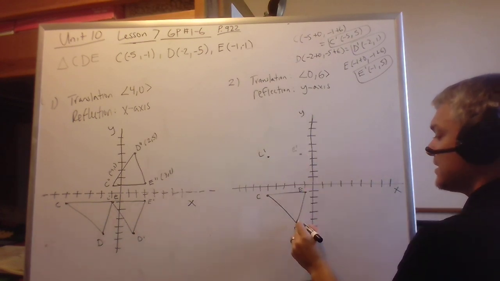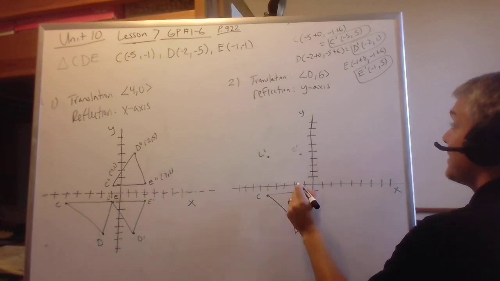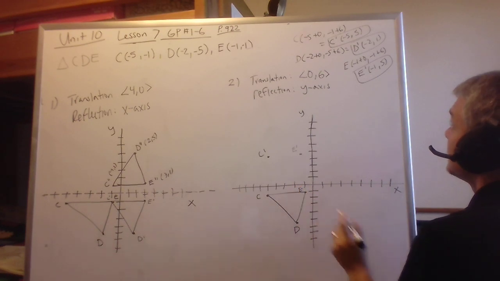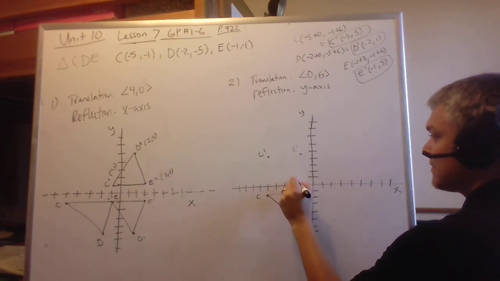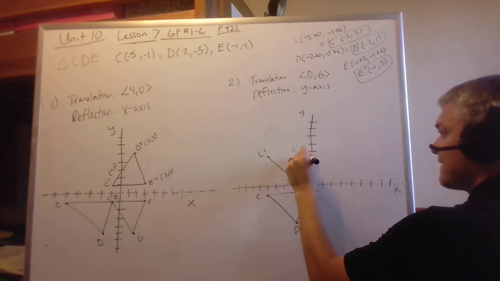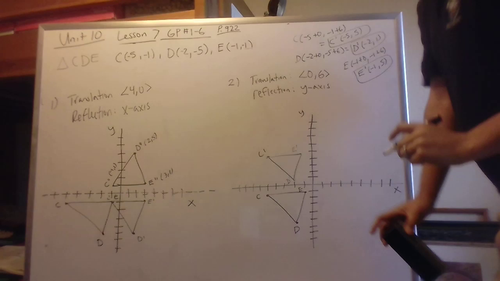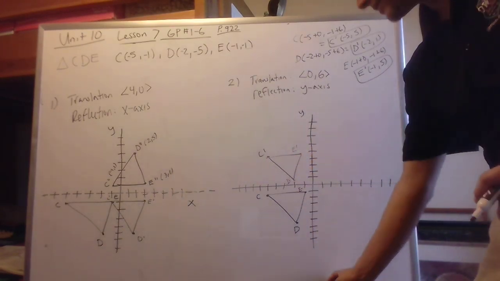And then D is going to go up 6 units, so it's going to be at negative 2, 1, right here. And now this is our triangle shifted up 6 units.